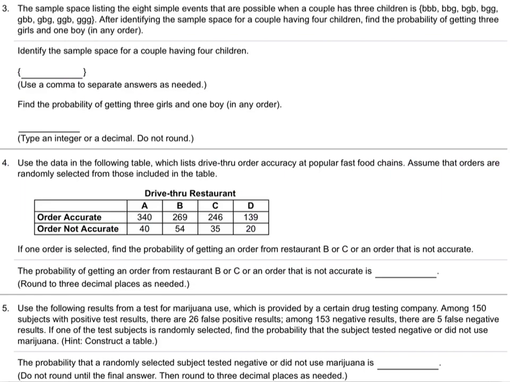3. Okay, sample space. Basically, 3 kids. You see them giving the example: boy, boy, boy; boy, boy, girl; boy, girl, boy; boy, girl, girl; girl, boy, boy, etc. All these are completely fair game. Identify. That's for 3 children. This question is asking about 4 children.